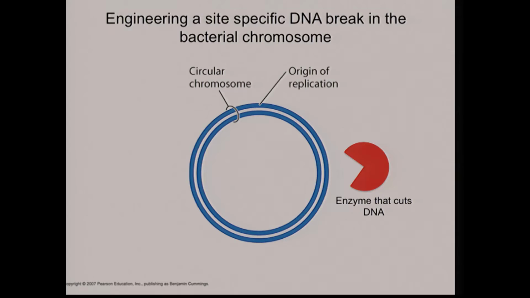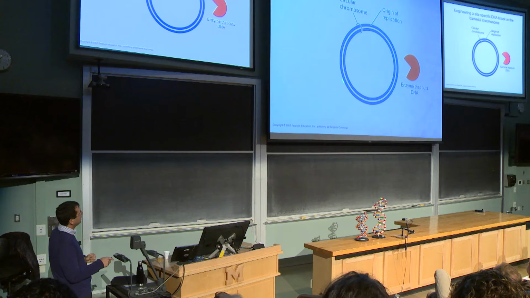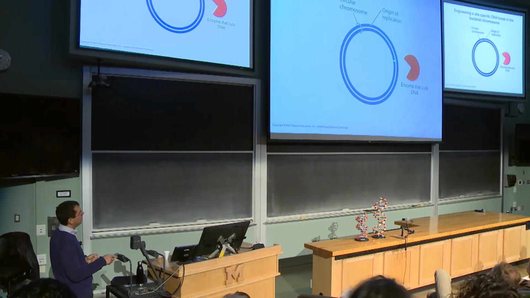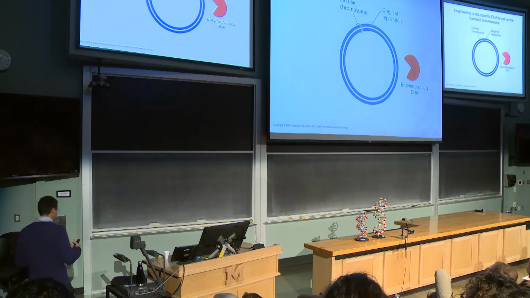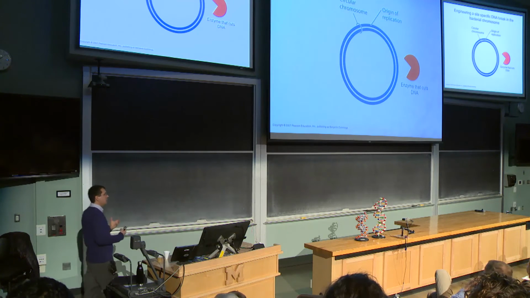All right? And so to go further with this, we chose a different approach. What we want to do is just make a double-stranded break in the DNA, okay, and that's it. And so we can take our bacterial chromosome here and put into the DNA a recognition site, a DNA sequence that will be recognized by an enzyme, and that enzyme's job is to cut DNA. Okay?